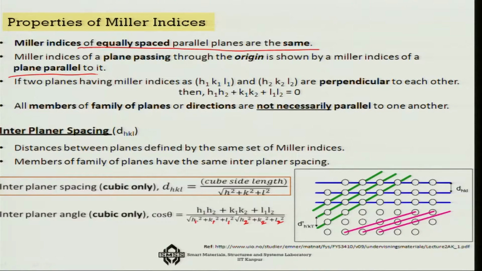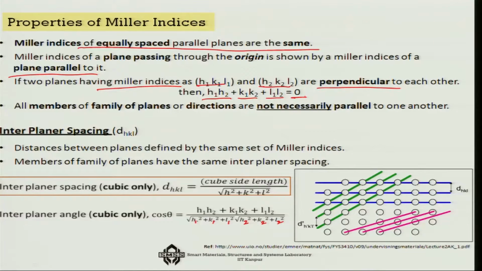If two planes having Miller indices H1 K1 L1 and H2 K2 L2 are claimed to be perpendicular to each other, that means their dot product, H1 H2 plus K1 K2 plus L1 L2, has to equal 0. So, that is one condition of two perpendicular planes from the Miller indices.